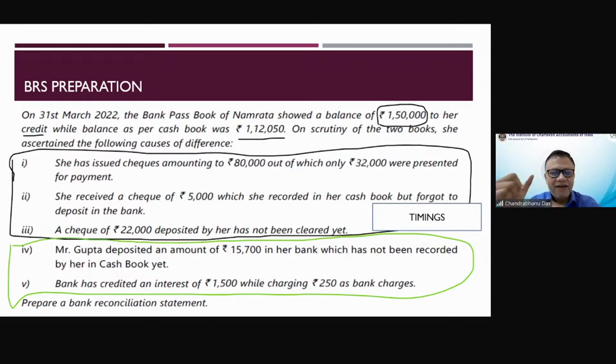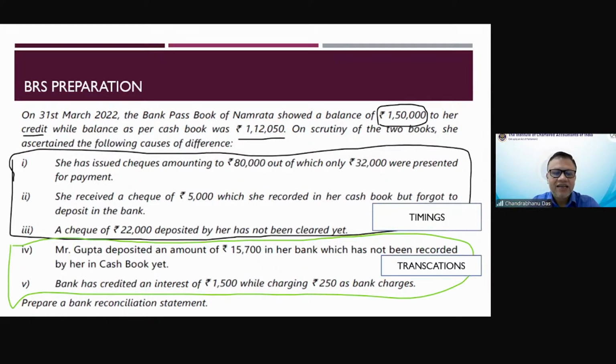Who is Mr. Gupta here? Can anybody say? Debtor. Debtor, very good. That means which transaction difference does it come under? Customer direct payment to bank. This is a difference in transactions under direct payments to bank.